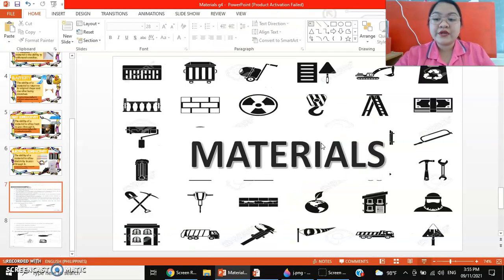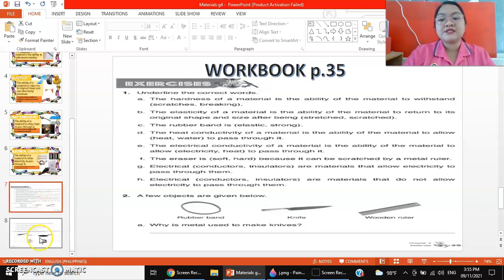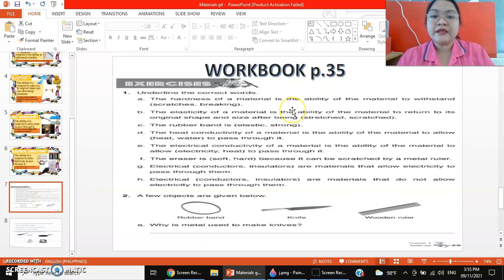So let's try to answer your workbook. Open your workbook on page 35 and page 36. On page 35, you're going to underline the correct words.